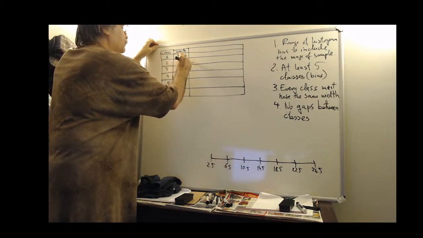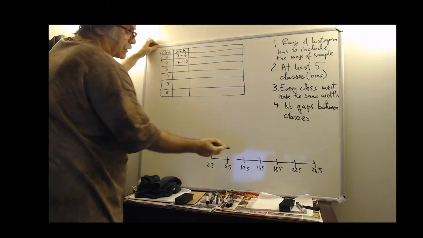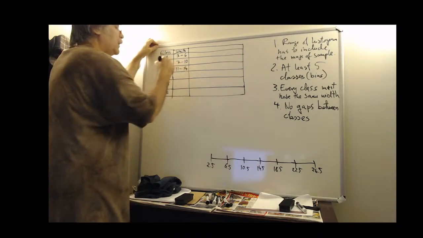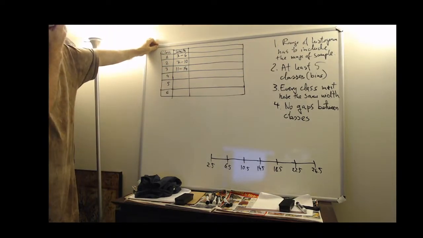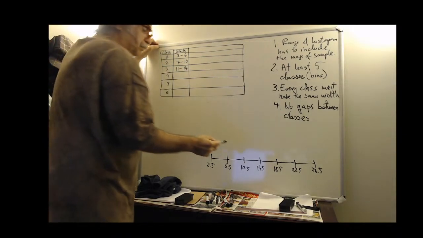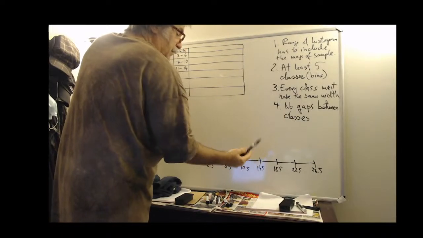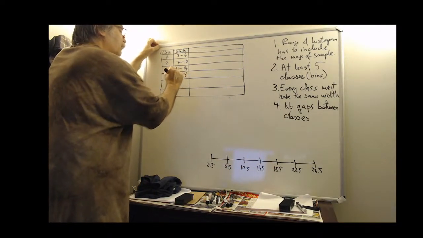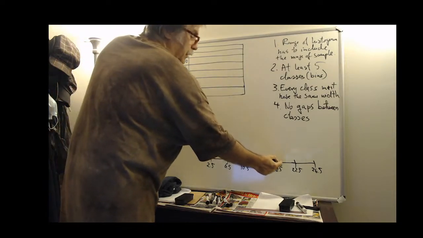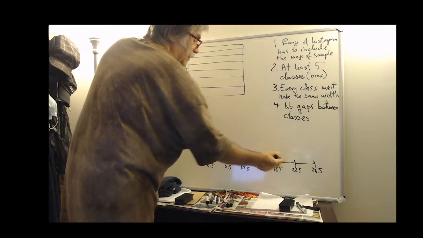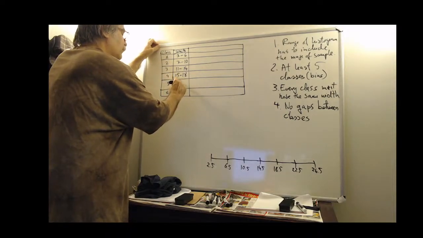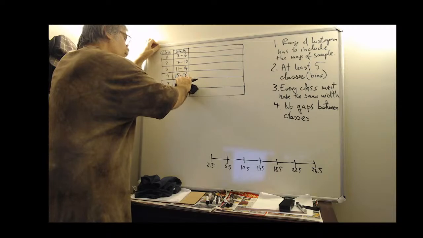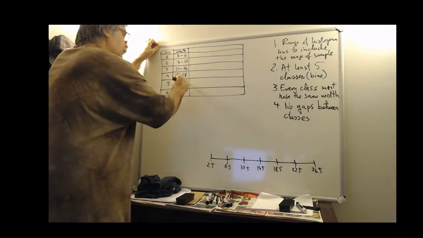7 to 10. The next class is going to be between 11 and 14. Any purchase that is between 11 and $14 is going to be in the third class. The fourth class, 15 to 18. The fifth class, between 19 and 22.